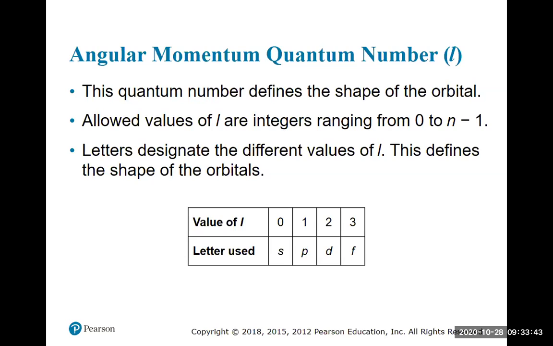When we start writing these things out, we'll have a number, which is that principal quantum number, the energy level, and then a letter, which is this angular momentum quantum number, l. So the first number, 2, for instance, would be the energy level. Then the letter would tell us, what does it look like? What's the shape? And that's where the spdf comes in.